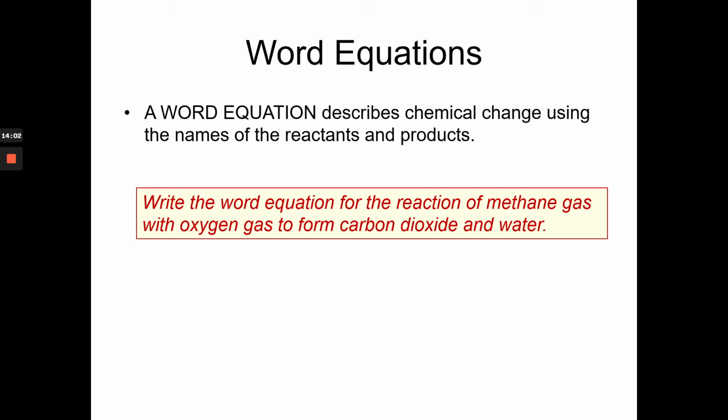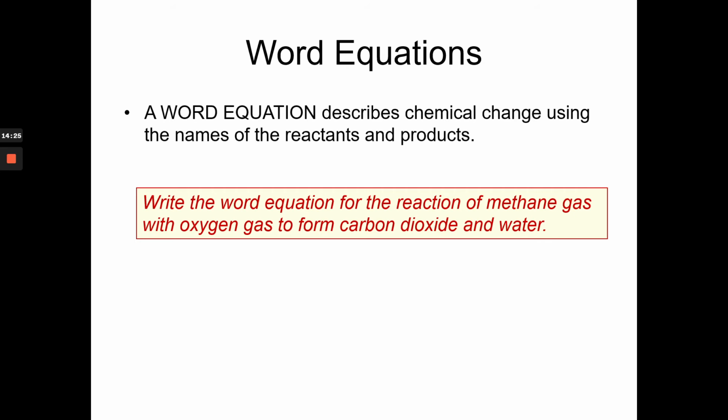Now, the advantage of a word equation is you don't have to know how to write the chemical formulas. The disadvantage is it's not going to be quantitative, it's only going to be qualitative. But let's try one just for fun. Write the word equation for the reaction of methane gas with oxygen gas to form carbon dioxide and water.